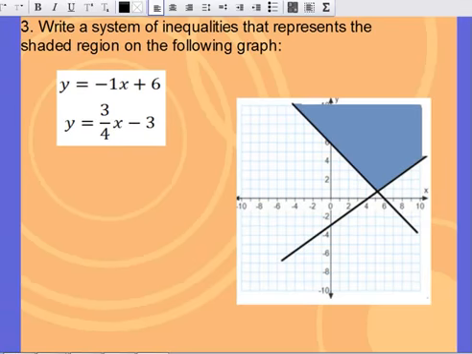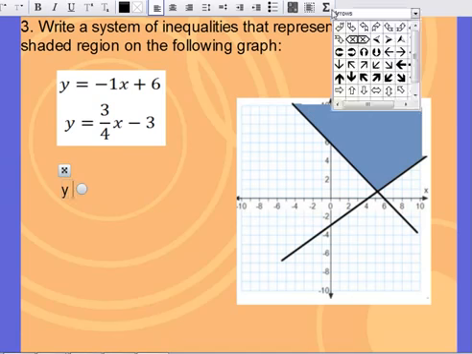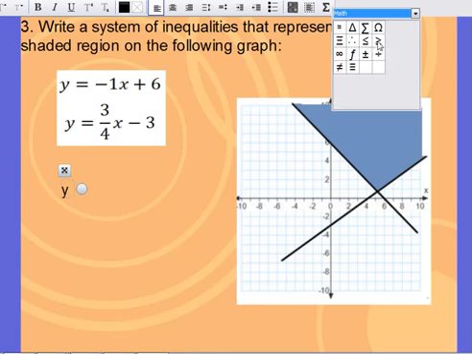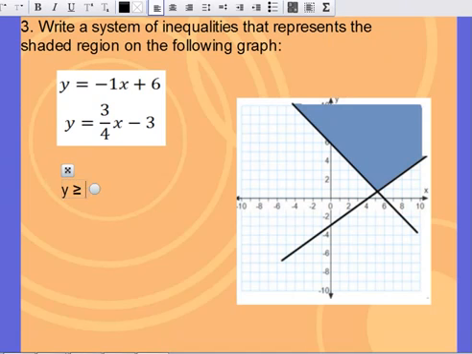So, my first line is the 3/4 x minus 3. It looks like I'm going to have to shade above that line. So because I want to shade above that line, I'm going to have to use a greater than symbol. Okay, so y is, we're going to use the symbol greater than or equal to, not just greater than, because these are solid lines.